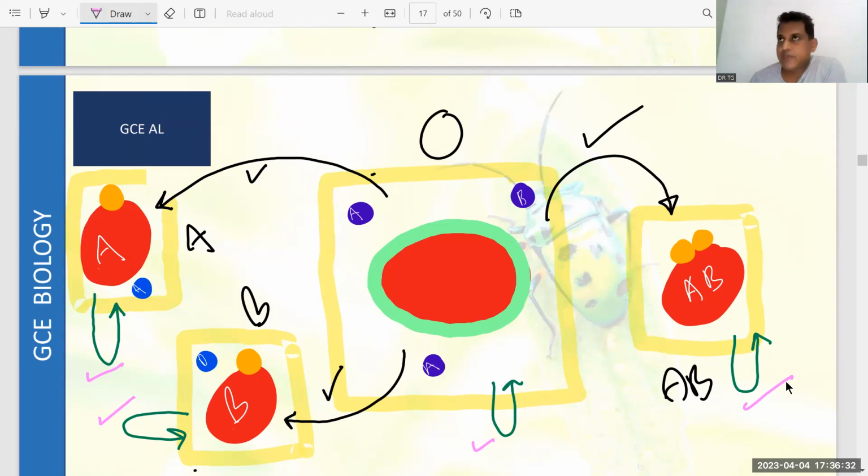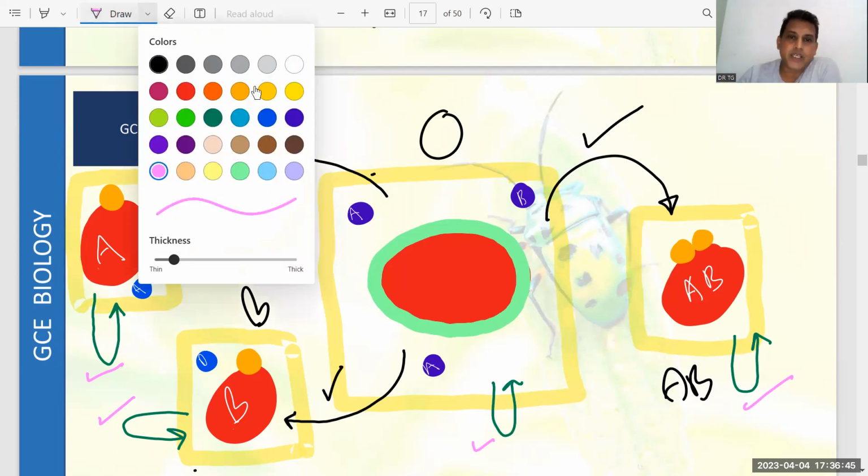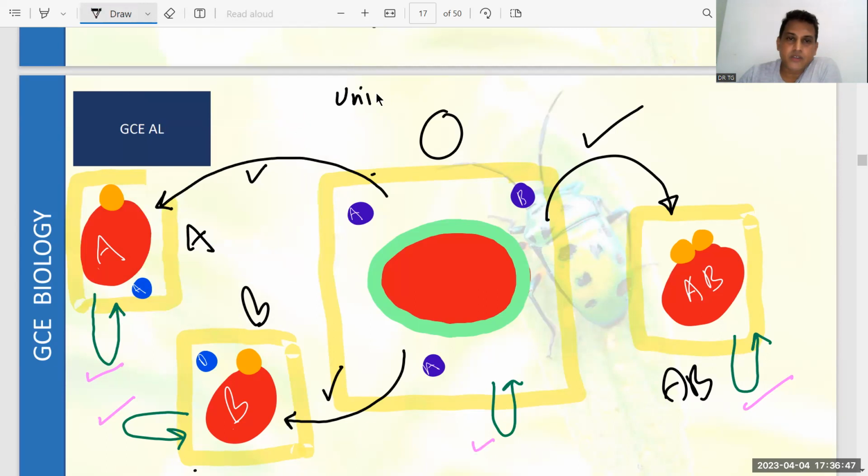Now O can donate blood to A, B, AB and O. So O is a universal donor that can give to anyone. Universal donor.